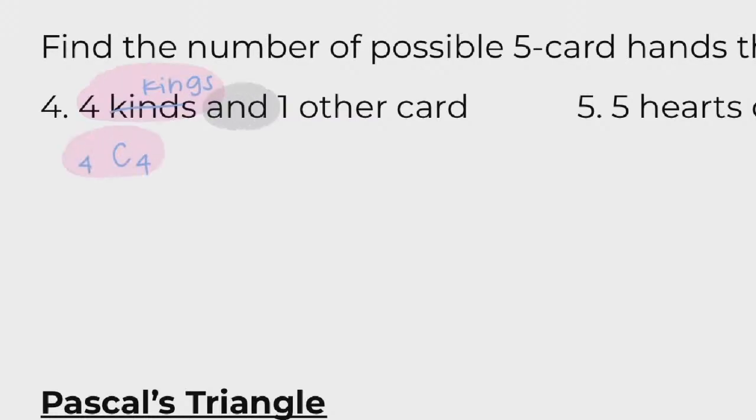Then we have the word and, and whenever you see the word and, that means to multiply. And then it says one other card. So there are 4 kings in a deck of cards and 52 cards total, so there's 48 other cards, and of those 48 I want to choose one of them. So then you can plug this into your calculator and you'll get 48 as the answer.